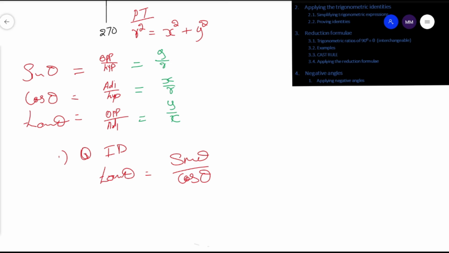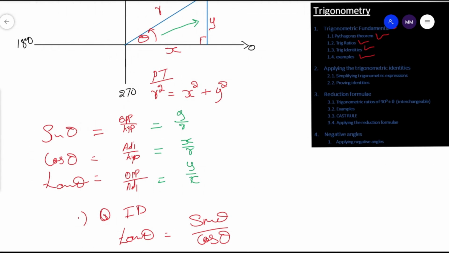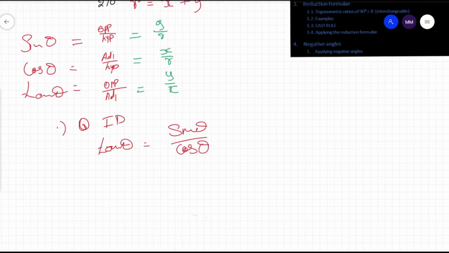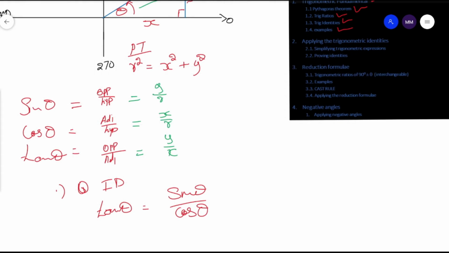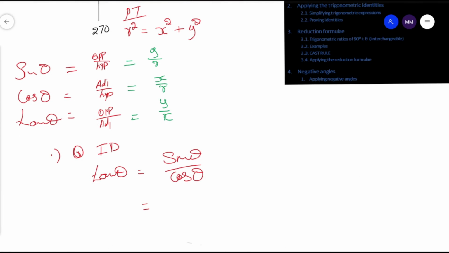To compute this, we now have to put this in terms of the trig ratios. So we know that the sine of theta, according to this over here, is y over r, divided by the cos of theta. Cos of theta is x over r.